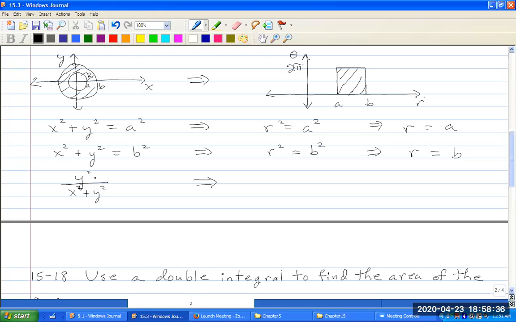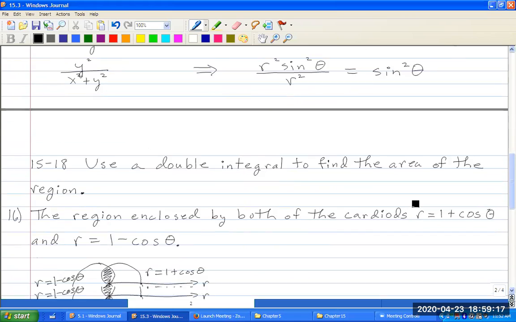I have y, which is r sine theta, and I'm going to be squaring that over x squared plus y squared, which is just r squared. So this is just equal to sine squared theta. So I can rewrite this from rectangular coordinates into polar coordinates. That's not so bad. Okay, so let's try to do this problem.